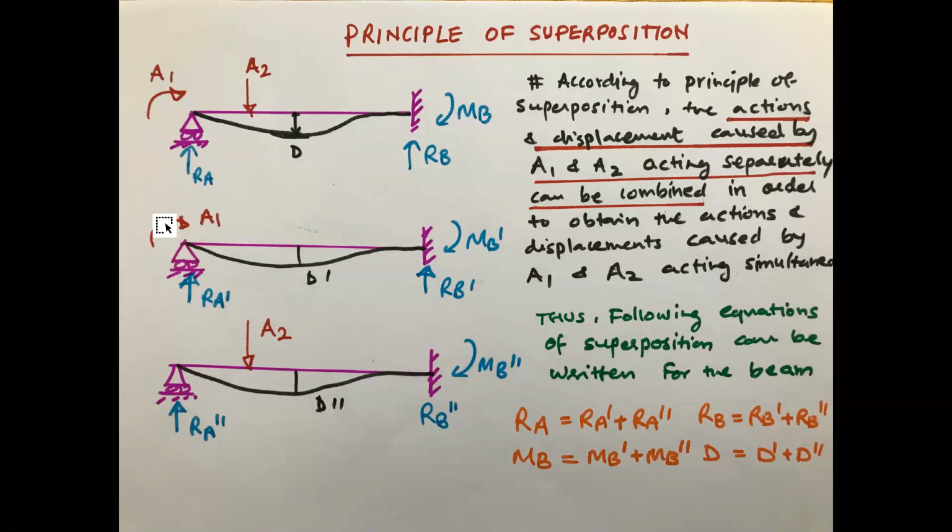But if we analyze it separately, because of moment A1, let's say the deflection is D dash, and the second time, if you apply A2, the deflection because of that is D double dash. We can simply do the addition: total deflection D is equal to D dash plus D double dash. This we are able to do because of the linear relation.